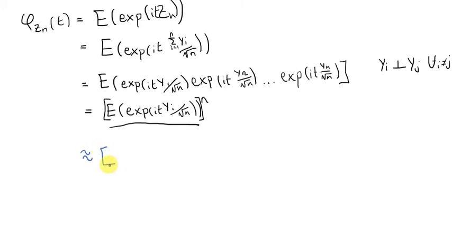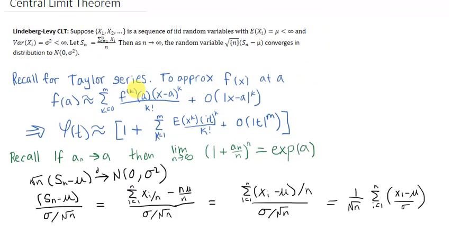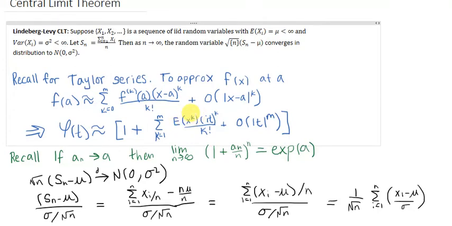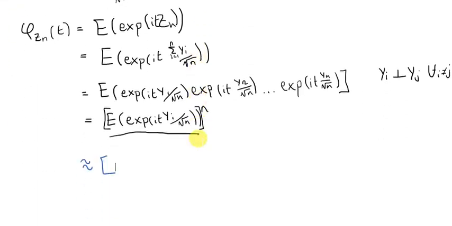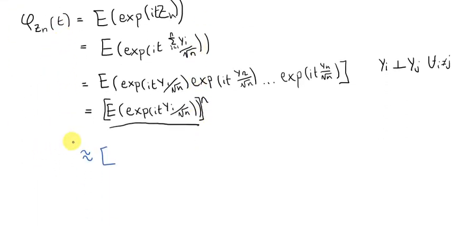So using that fact, this is approximately, well, our first component up here, you see we have a 1, and that's because when k equals 0, 0 factorial is 1, it to the power of 0 is 1, and the expected value of x to the power of k for any random variable where k is equal to 0 is also 1. So our first term here is a 1.